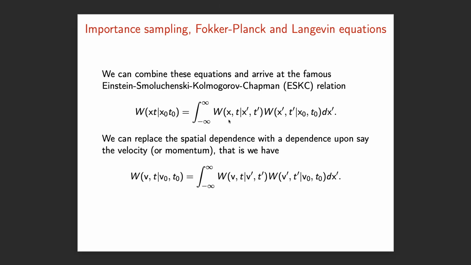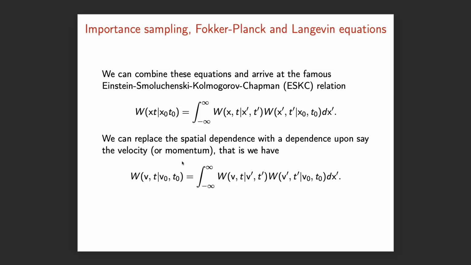And you can replace position, because you can Fourier transform that to momentum space, or you can think of momentum as replaced by velocity, because the velocity is given by the momentum divided by mass. And the kinetic energy is momentum squared.